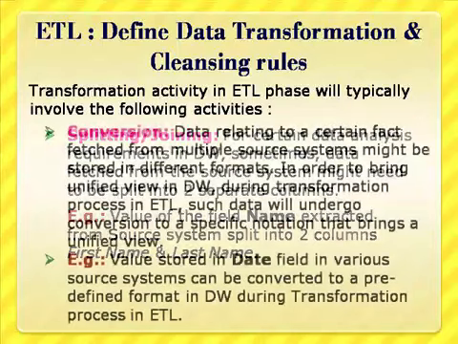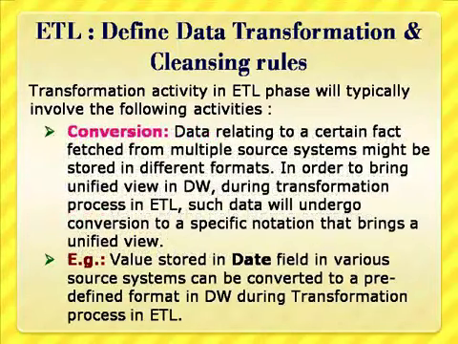Other important activity as part of data transformation and cleansing rules is conversion. Data relating to a certain fact fetched from multiple source systems might be stored in different formats. In order to bring unified view in data warehouse, during transformation process in ETL, such data will undergo conversion to a specific notation that brings a unified view. An example of this is the value stored in date field in various source systems.